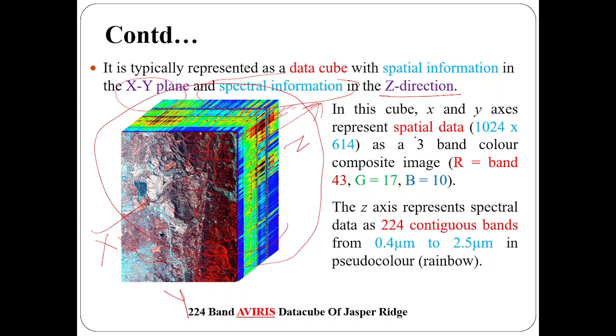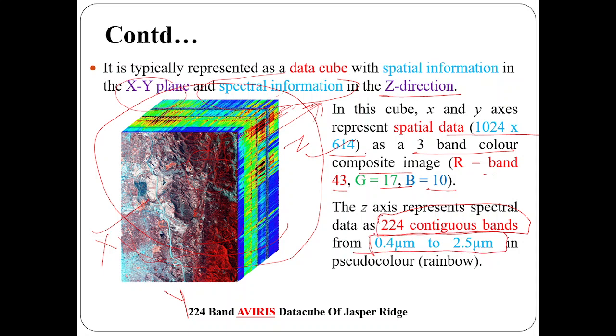So here there is spatial data of around 1024 by 614. This is the image size, and it has a 3-band color composite image. The R value is this, G value is this, and B is this. But the Z value, which is the number of spectral bands, is 224 contiguous bands, and the range is 0.4 micrometer to 2.5 micrometer.